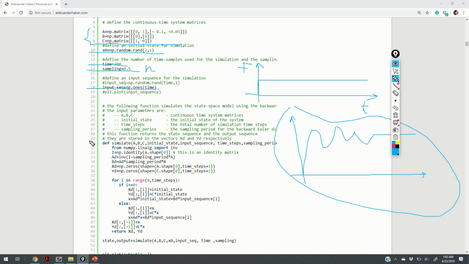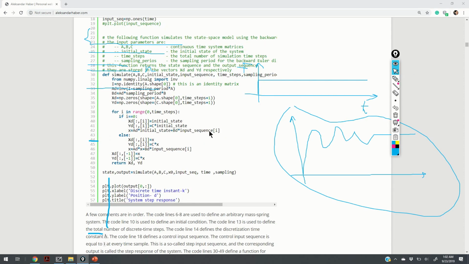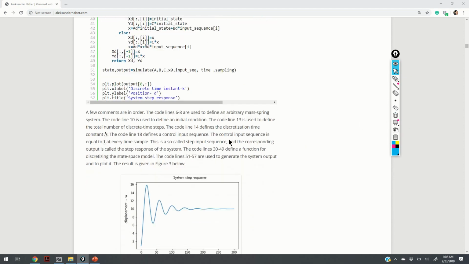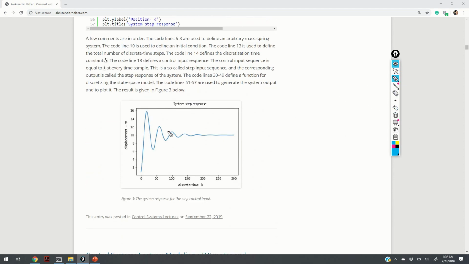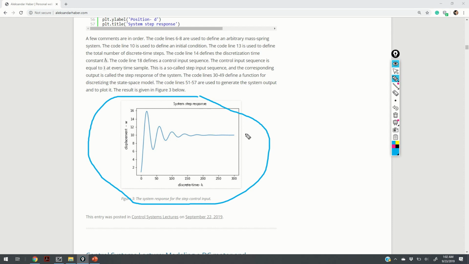Now, code lines 30 until 49 are used to define a function for simulating the system. It's basically a for loop where we propagate the discretized state equation. And the system response will have the form given on figure 3. From a certain random initial condition, the displacement vector will oscillate, and it will approach a new steady state point.